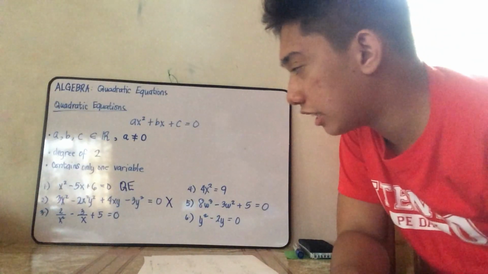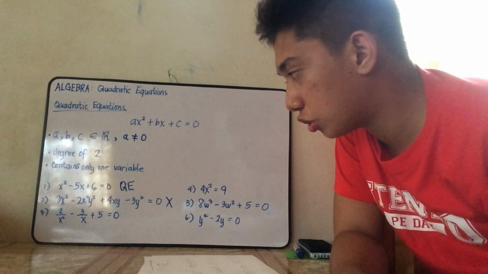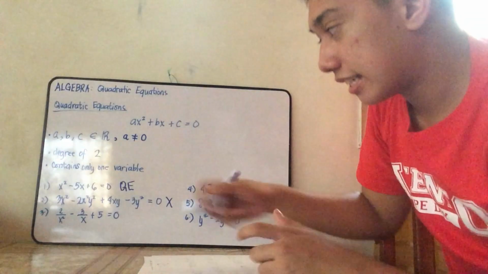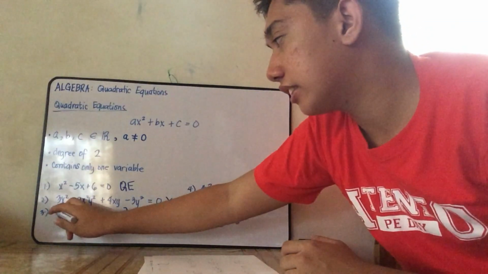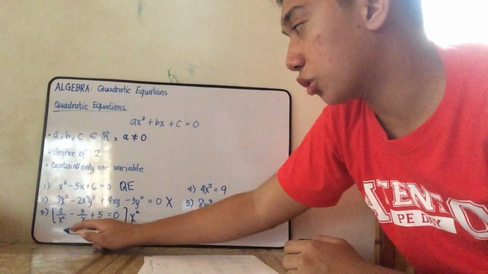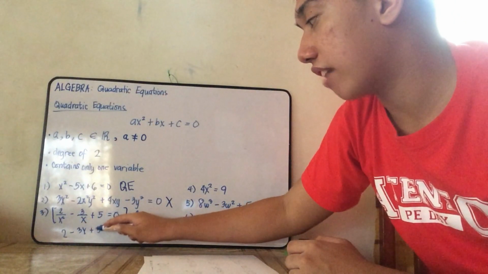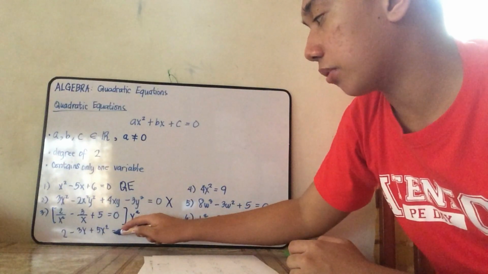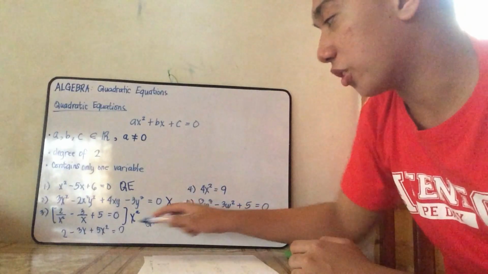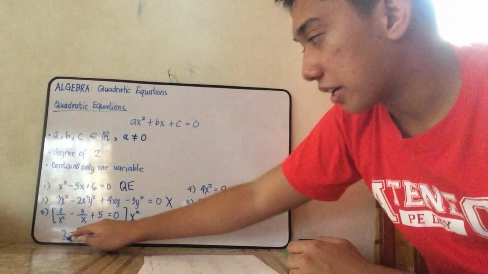For number 3, pansinin nyo, 2 over x squared minus 3 over x plus 5 is equal to 0. Is this a quadratic equation or not? Let us check. We multiply both sides by x squared. So, ito magka-cancel. So, this will become 2 minus 3x plus 5x squared is equal to 0. Therefore, this equation is a quadratic equation with degree of 2 and 3 real numbers.